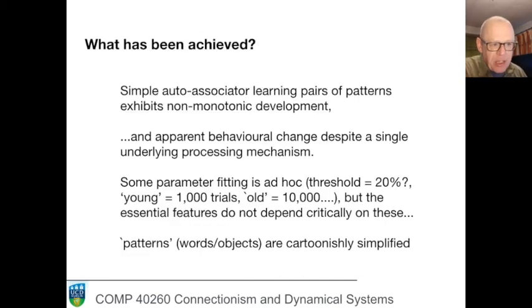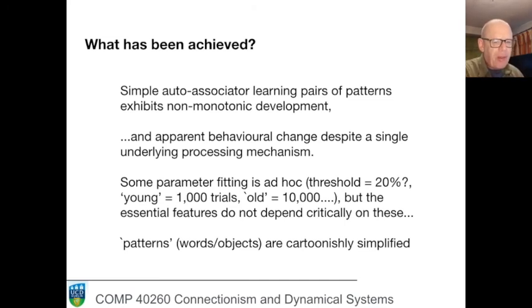What they've actually done is trained an autoassociator, learning pairs of patterns, and they showed some kind of non-monotonic development if you interpret everything in just the right way. And so using the network, they seem to have produced an apparent behavioral change despite having only one underlying processing mechanism and with no explicit correspondence in their simulation for a functional reorganization.